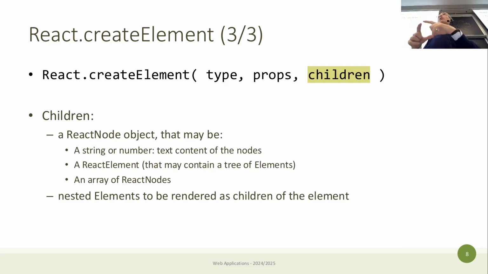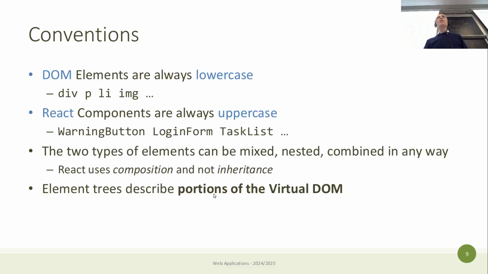It can also be an array of React nodes. And this will be very useful because it allows us to create a list of elements very easily. Or just a nested element or nested elements that we simply write inside. Okay, so it's more difficult to tell than to use.